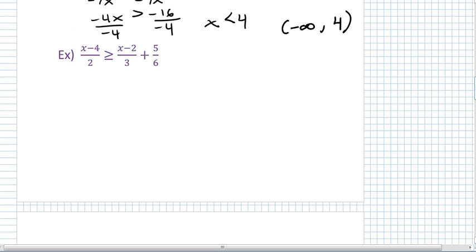Whenever there are fractions, just like we've done in the past, we need to multiply by the lowest common denominator. Well, in this case, the common denominator is 6, so we take each term and we multiply by 6.